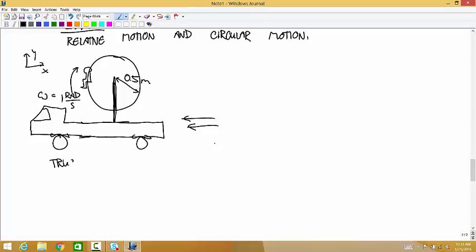So we'll say the truck's acceleration is negative 2 meters per second squared, 0.